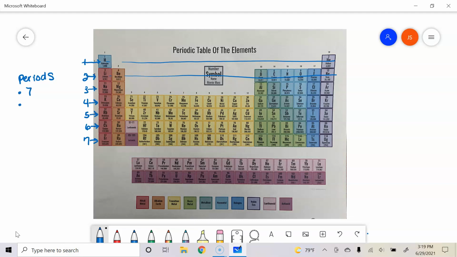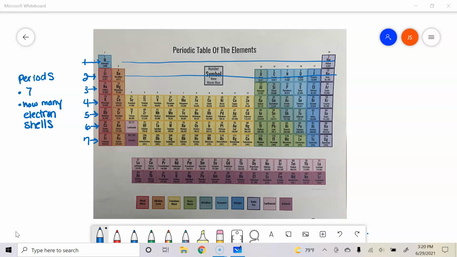Periods can tell us really important information because each element, depending on what period it is in, its period tells you how many shells there are. So for instance, hydrogen has 1 electron shell. Lithium, beryllium, they have 2 electron shells. Oxygen has 2 electron shells.